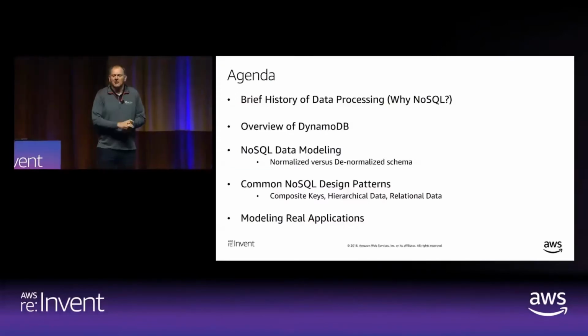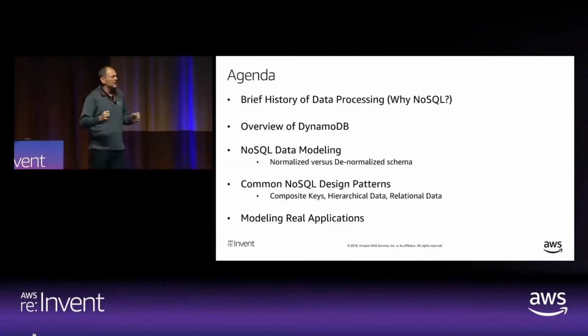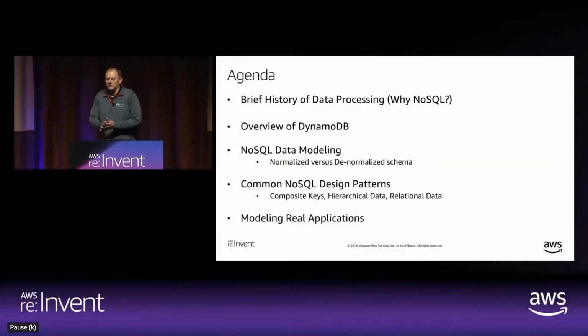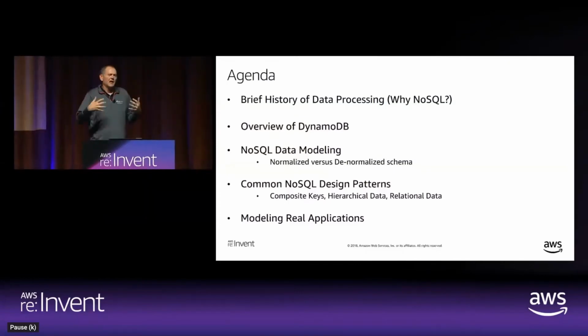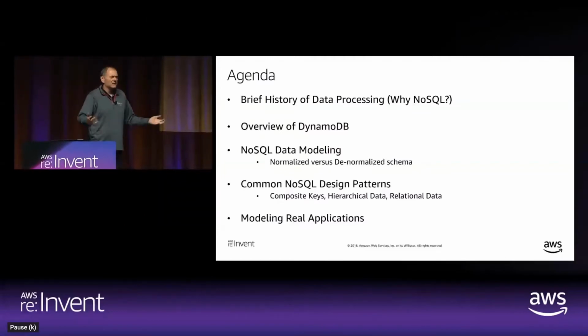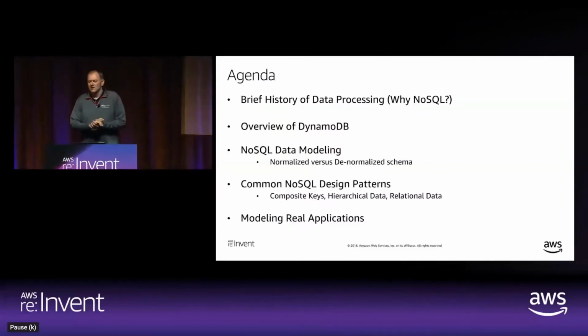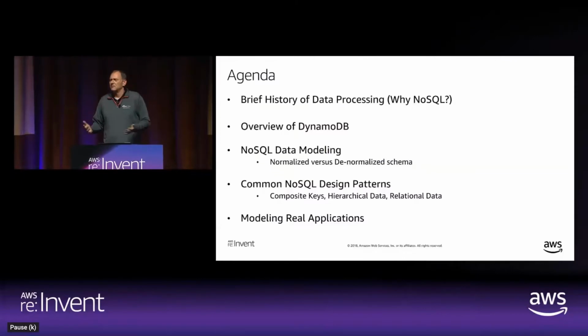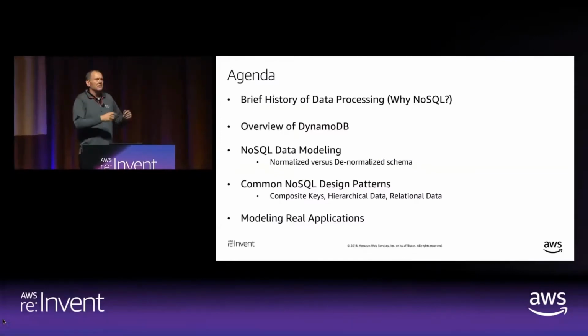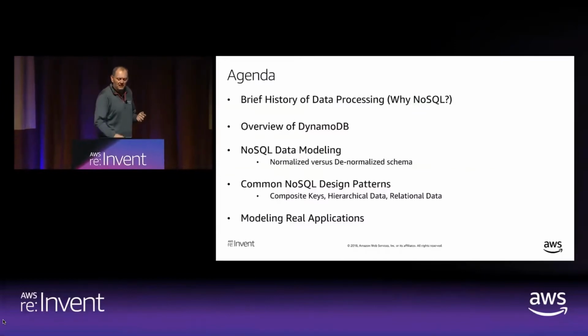For the most part, we'll talk about how to translate hierarchical data models, how to translate relational data models into NoSQL. So this is really going to be representative of a lot of the work that my team does, which has been working with global strategic accounts as well as our internal Amazon retail teams to migrate from relational database application services into NoSQL databases.